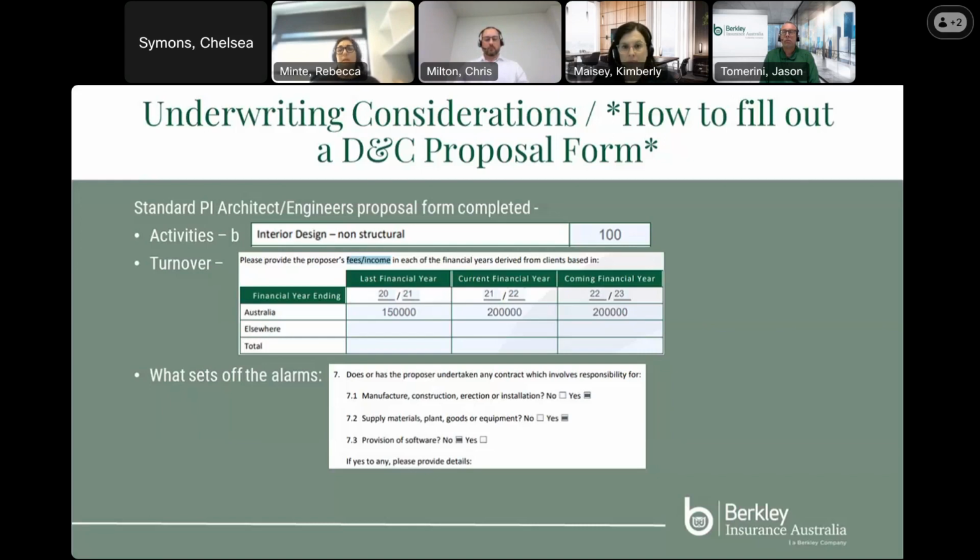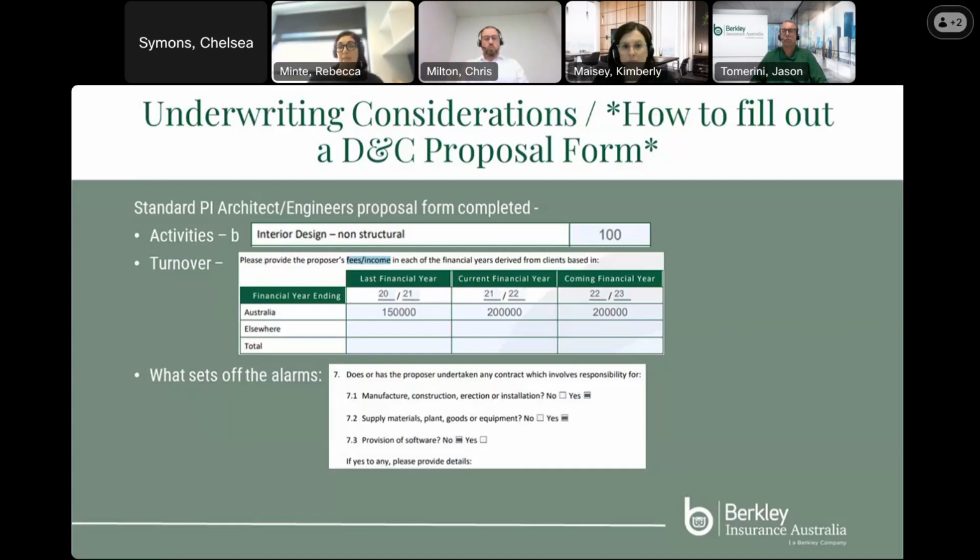When we go back to the income noted, if the client is involved in construction, then they have likely only declared what they perceive as their billed fee income for those professional services.